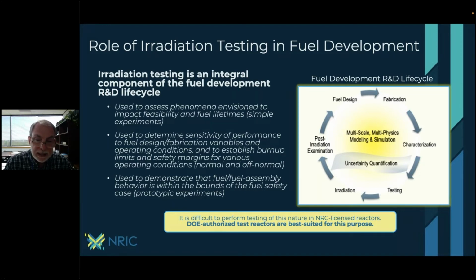Ultimately, nearly prototypic experiments are used to demonstrate that fuel or fuel assembly behavior is within the bounds of some safety case that you're making for a regulator. Now, while it is possible to perform some of these kinds of tests in NRC licensed power reactors, it's generally very difficult to do that. And DOE authorized test reactors are designed for this, and they're just ideally suited for this purpose. Next slide, please.